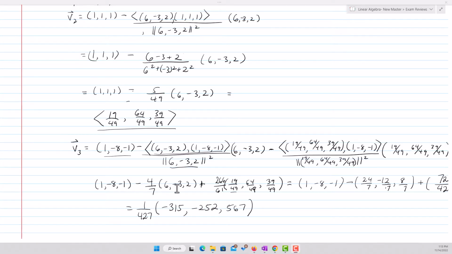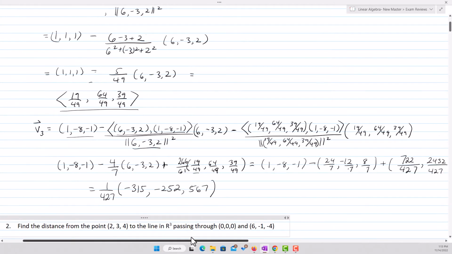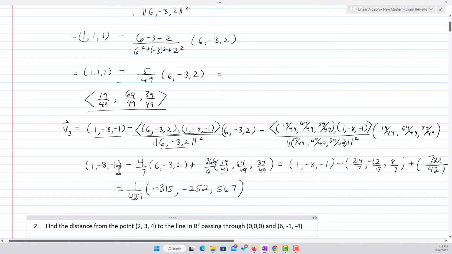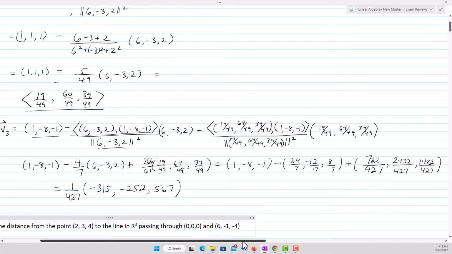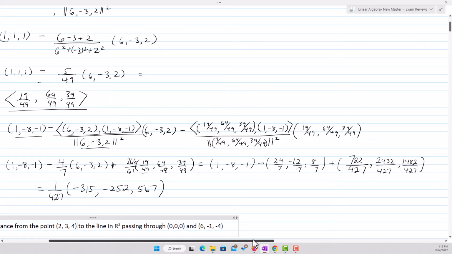When we actually calculate, what we're going to get is our (1, -8, -1), that's our first vector, minus 4 sevenths times (6, -3, 2), plus 266 over 61 times (19/49, 64/49, 39/49).